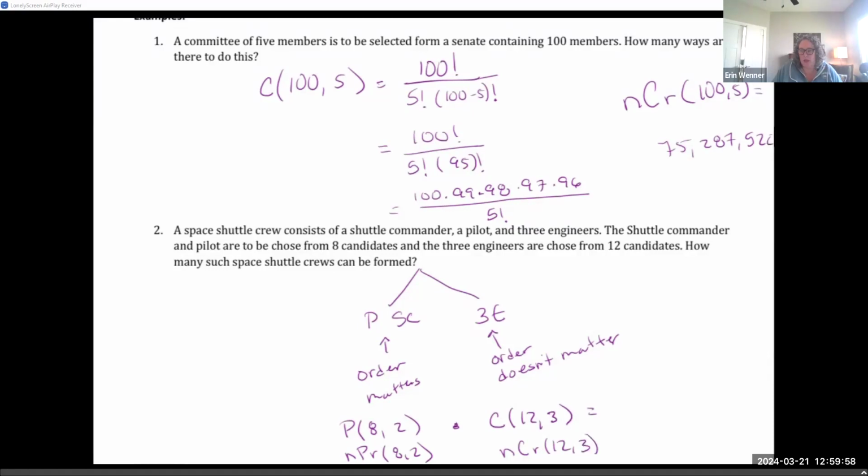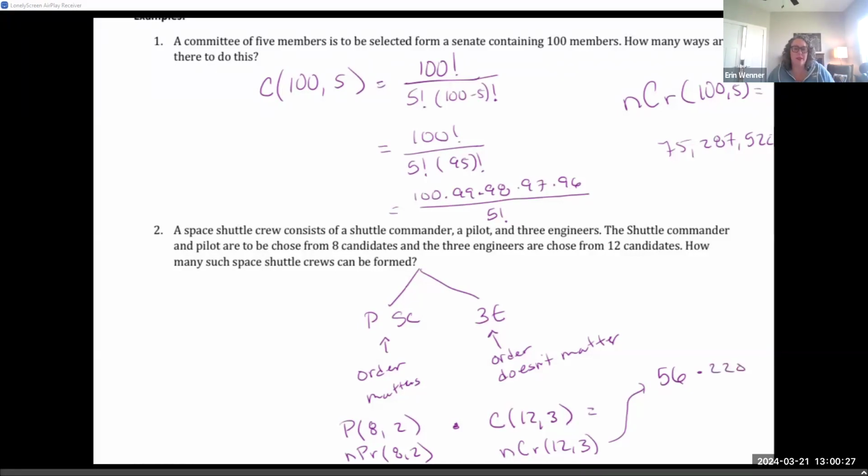So in Desmos, if we do nPr of 8, choose 2, that's going to give us 56. And then nCr of 12, choose 3 is going to be 220.